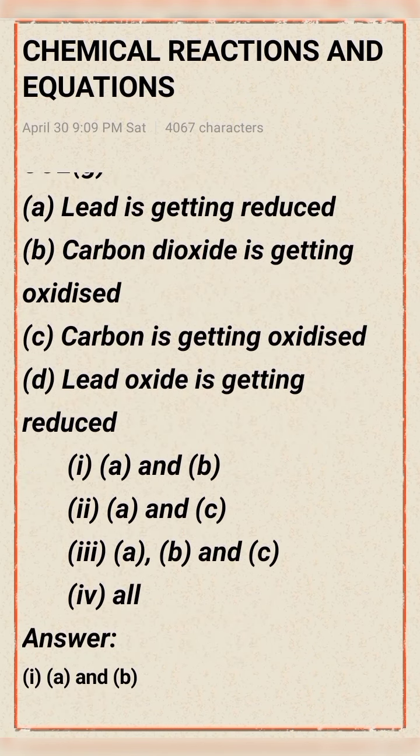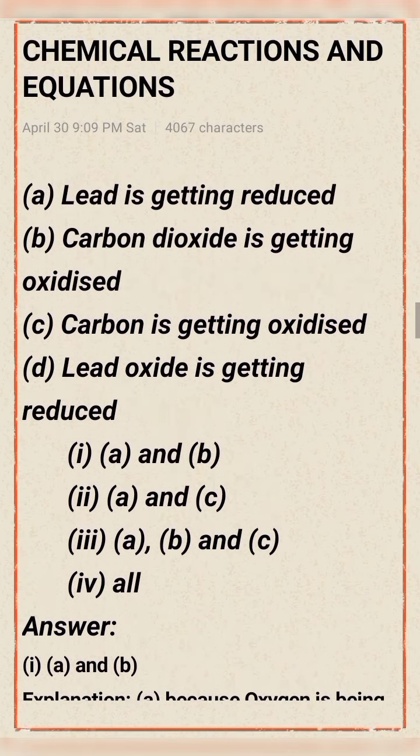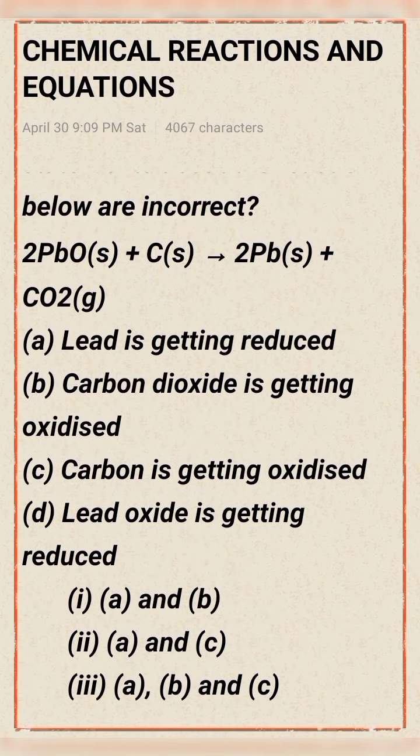Option 1, A and B. Option 2, A and C. Option 3, A, B and C. Option 4, all. Answer: option 1, that is A and B. A, lead is getting reduced, and B, carbon dioxide is getting oxidized.